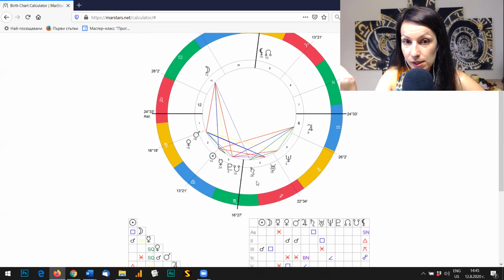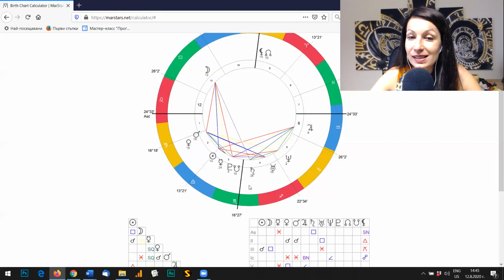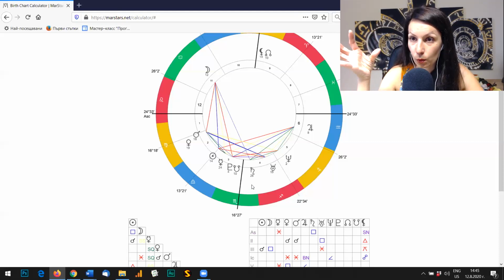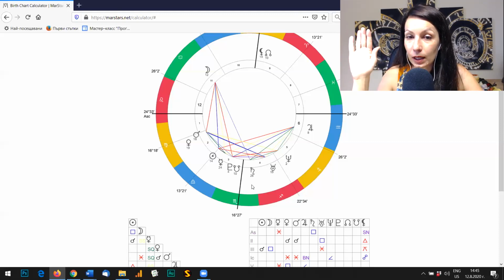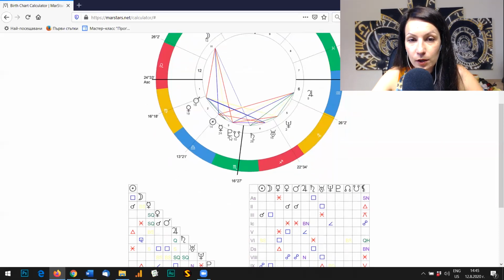Is it a strong sign position? And what kind of aspects this planet has, and also in which house it is. For Pluto, because this is an outer planet, I wouldn't consider the sign position. It wouldn't make it strong or weak, in my opinion. We don't use that. So we check the aspects, and here is Pluto.